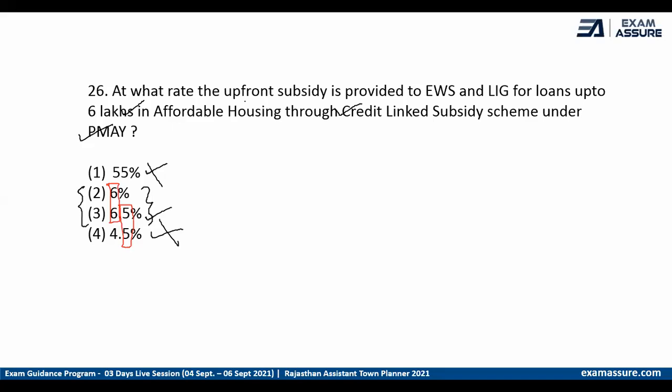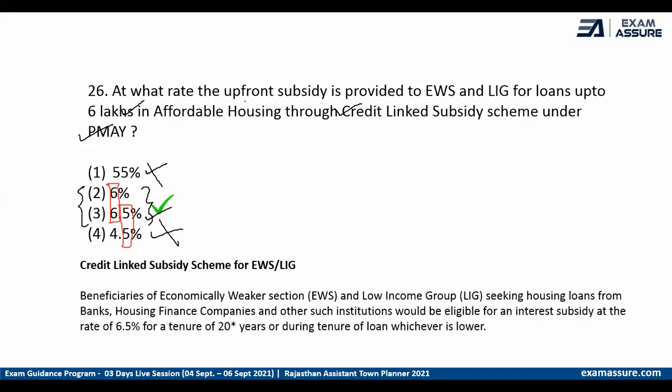You will see that this works for a lot of cases, but it is not a sure-shot thing that you should always look for. But you can make this assumption sometimes when you don't have many questions attempted. Okay, let's go to the next question. We will run fast now. So 6.5% is the answer as the subsidy given under the Credit Linked Subsidy Scheme.